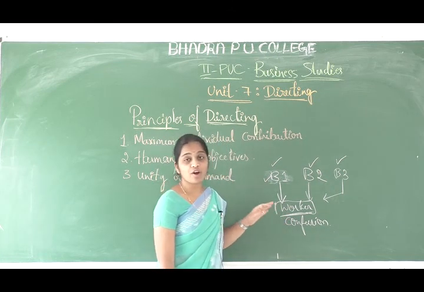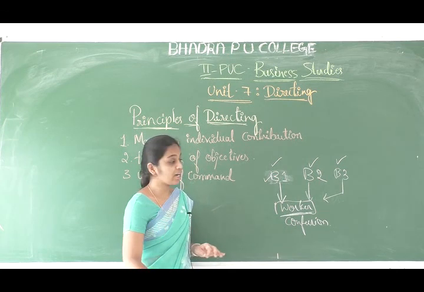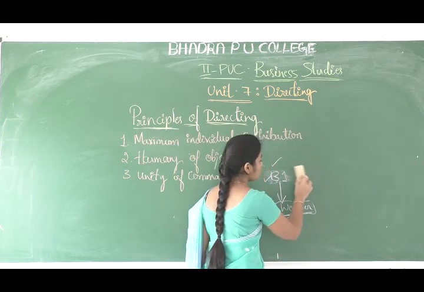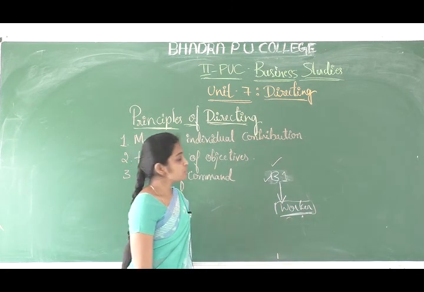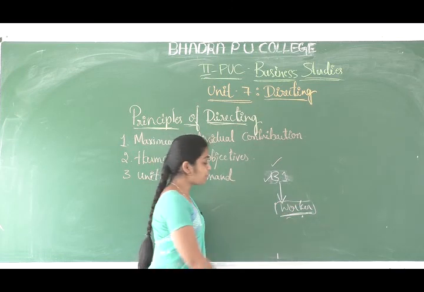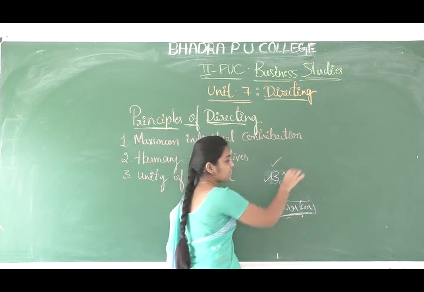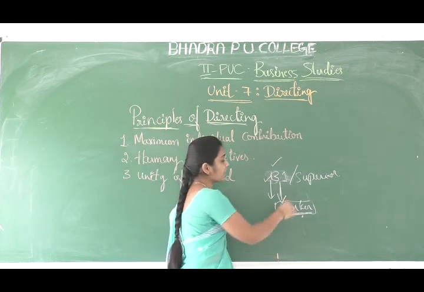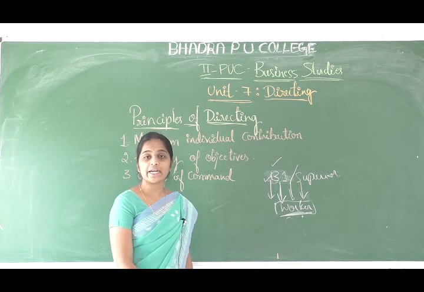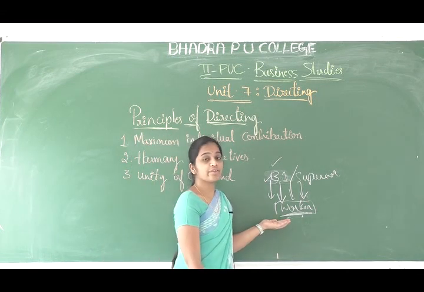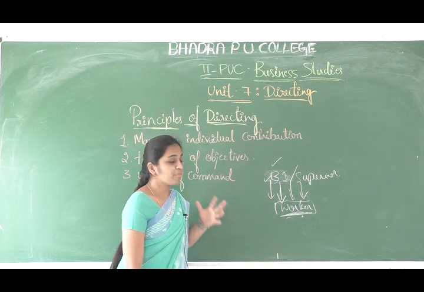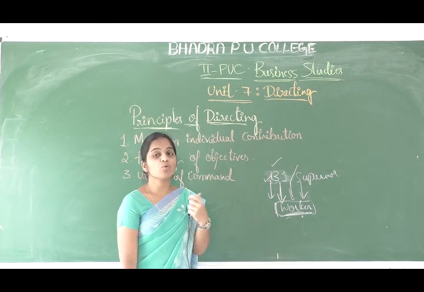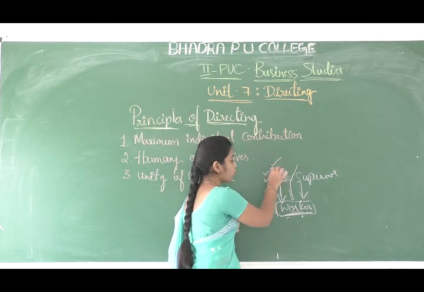So if there is no unity of command, there is confusion. But if there is unity of command, what this principle says is that there should not be two or more bosses or supervisors. A worker or workers should have one boss or supervisor giving the instructions. Now this worker will not get any confusion regarding the work, and not only regarding the work but also about giving feedback. The worker does not have any confusion about whom to give the feedback to, because there is only one boss.